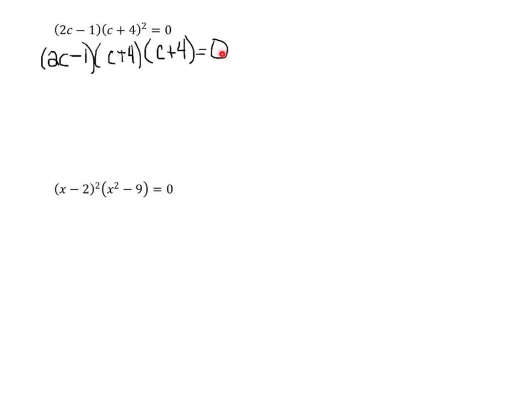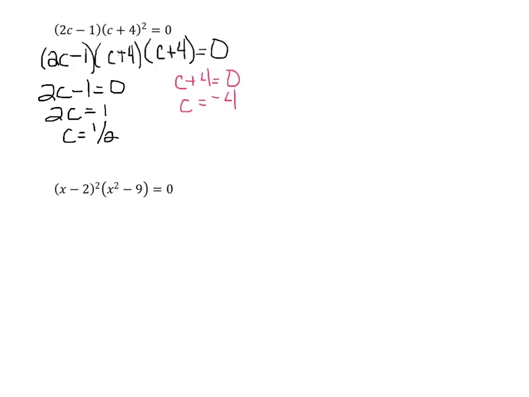So what we do is say, okay, if 2c minus 1 is equal to 0, that means 2c is equal to 1, so c is equal to a half. Or c plus 4 is equal to 0, that means c is equal to negative 4. Or c plus 4 is equal to 0, so c is equal to negative 4.